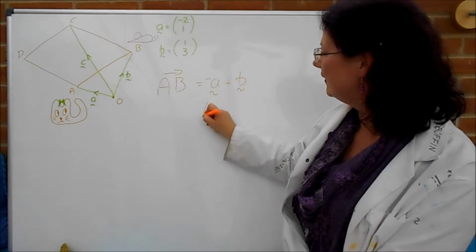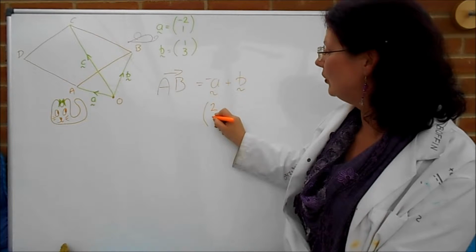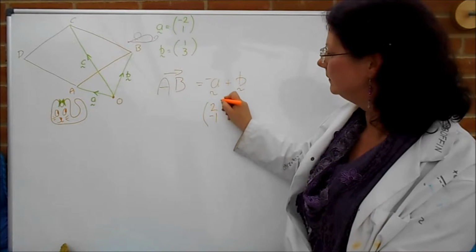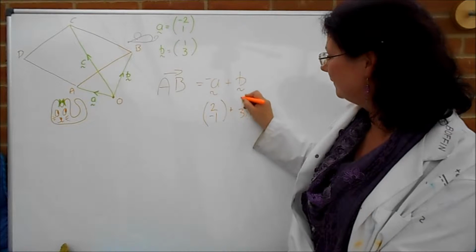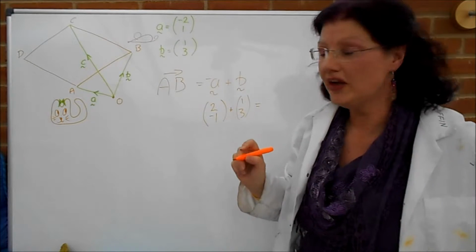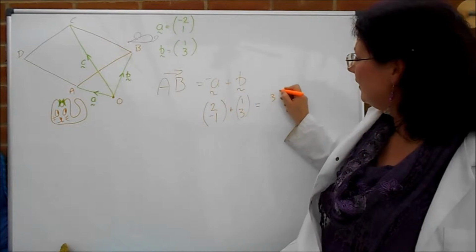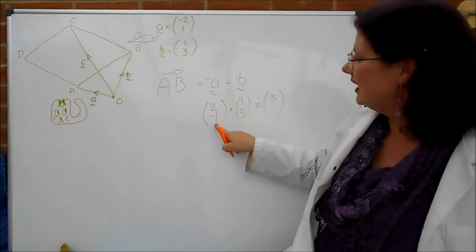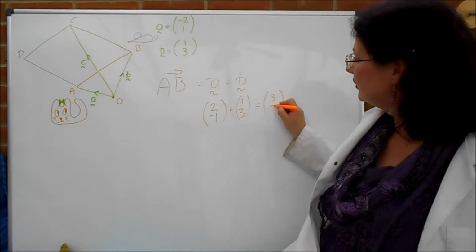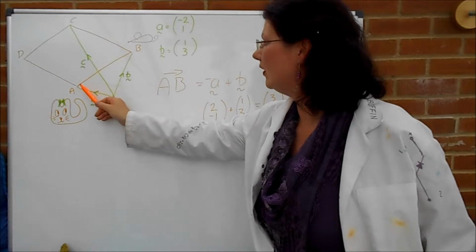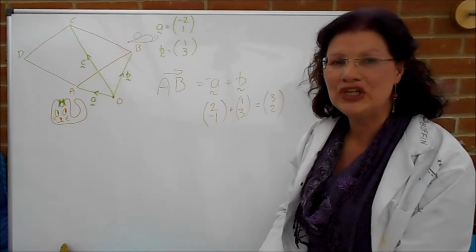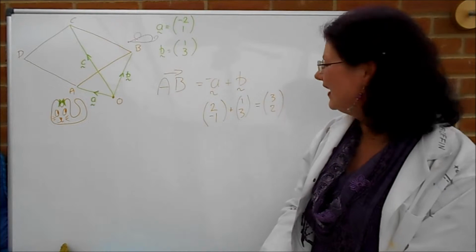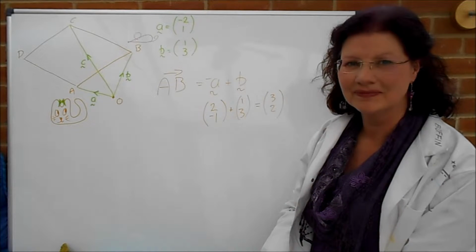Negative the A vector is negative 1, negative 1 plus the B vector, which is 1, 3. So that gives you a final vector of 3, and negative 1 plus 3 is 2. So to get from here you go 3 along and 2 up. Okay, so that's the journey AB expressed as a column vector, 3, 2.